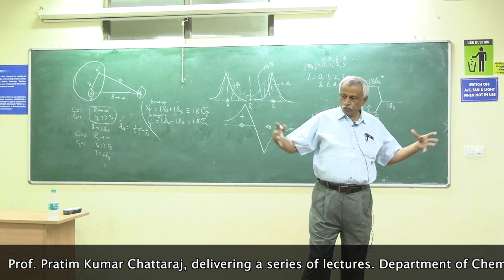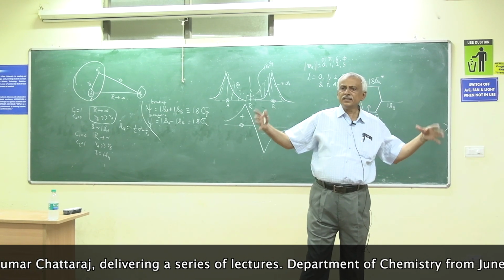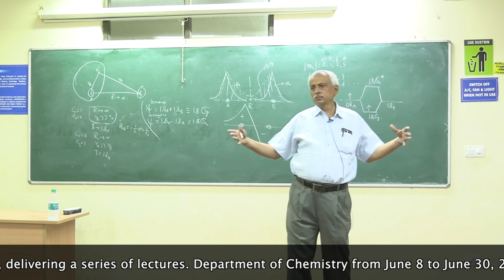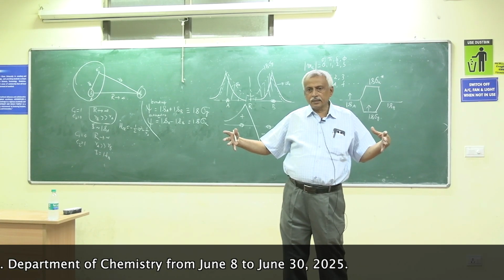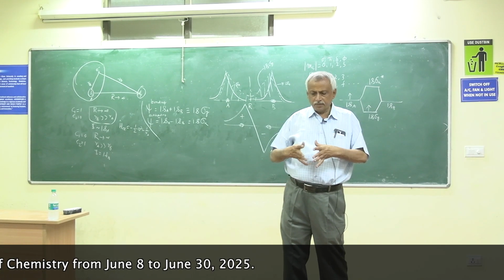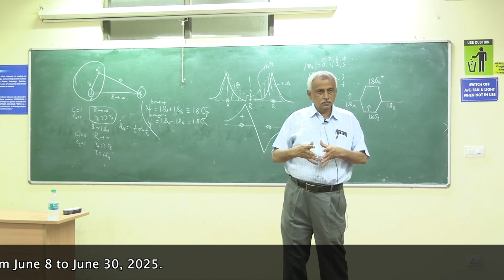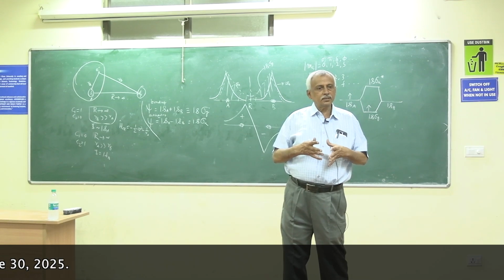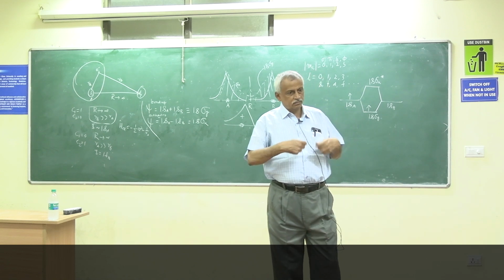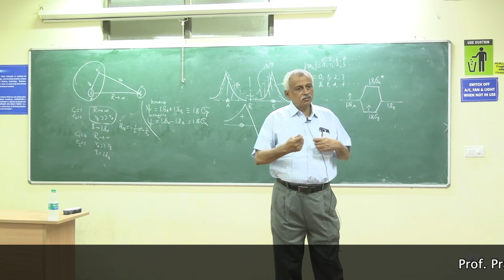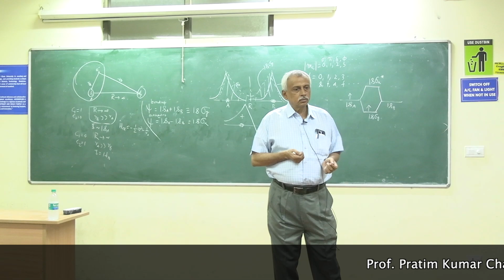Because suppose the molecule is undergoing vibrational motion, and at points the nuclei can come very close to each other. When they come very close, nuclear repulsion will dominate. Even the extra electron-nuclear attraction will not be able to do anything.